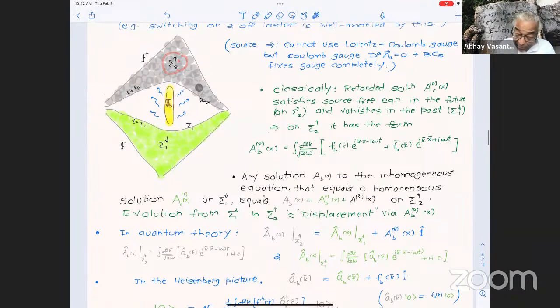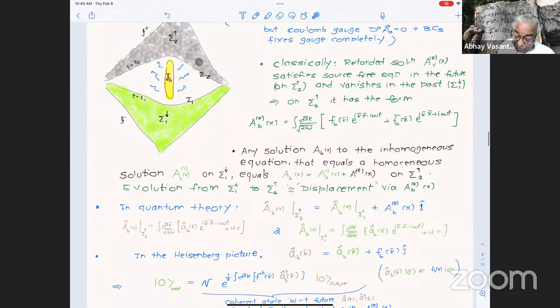So classically, we have the retarded solution, which vanishes in the past. And then in the future region, it has exactly the form as before. It's a source-free solution, so it has some F, and then a positive and negative frequency decomposition.